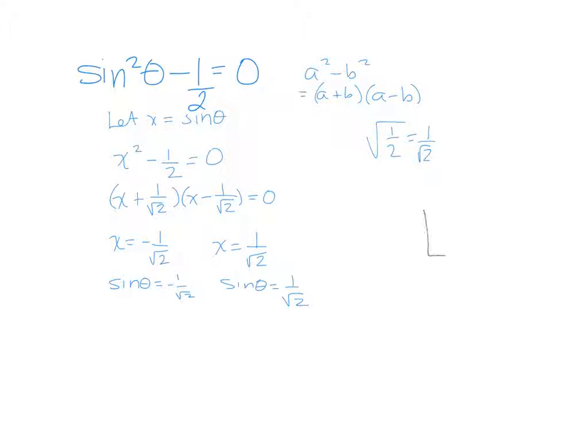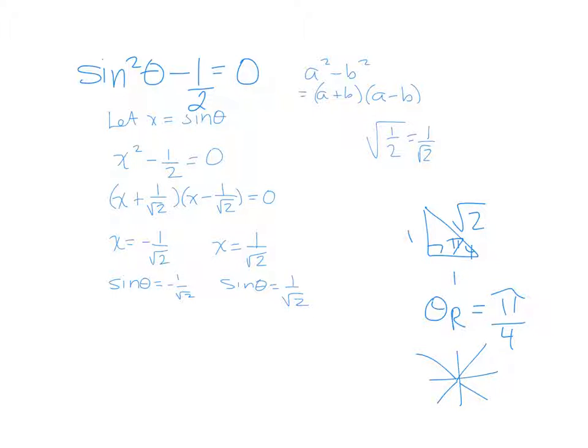So a special triangle that we're going to use for this one is this with a pi over 4. Sine of pi over 4 is 1 over root 2, which makes the reference angle pi over 4. And actually, if you look, sine theta equals negative 1 over root 2 and positive 1 over root 2, which means we're in which quadrants? All of them.